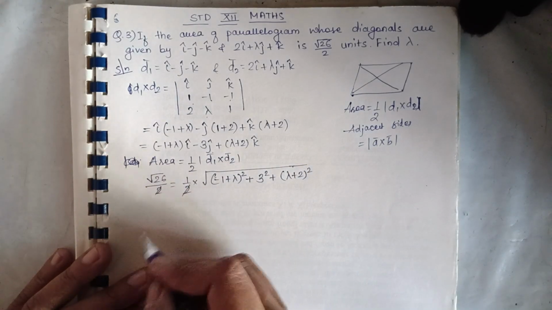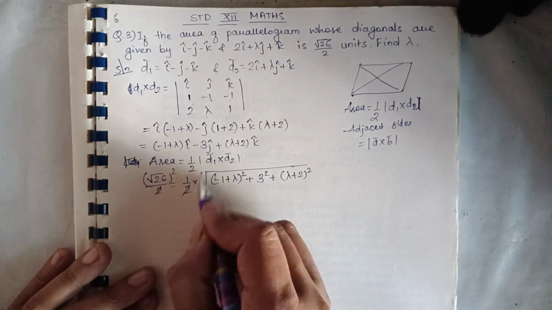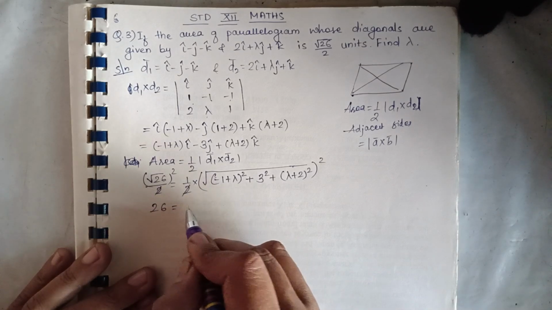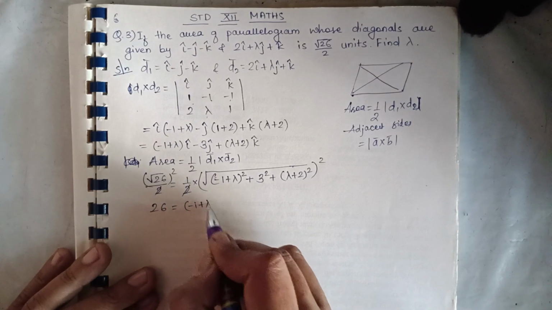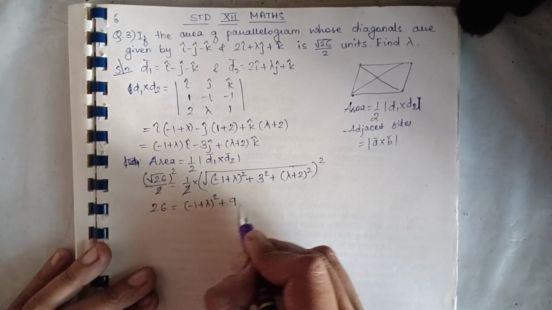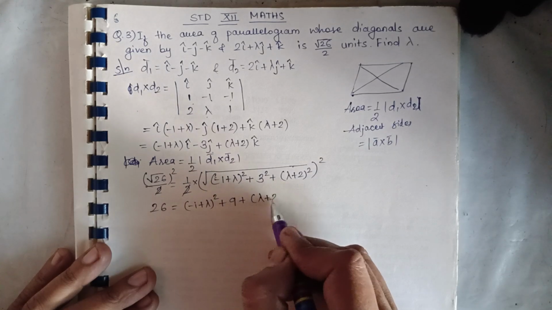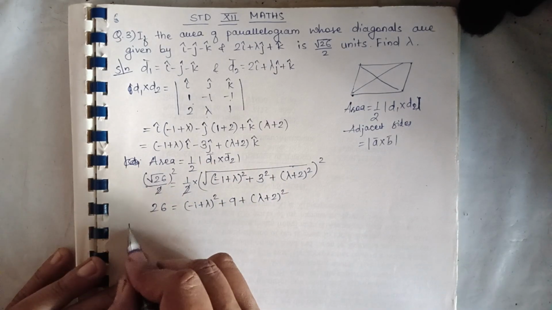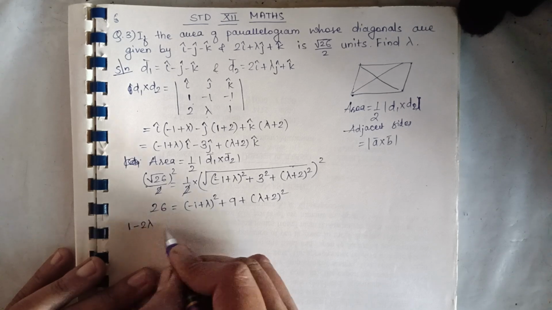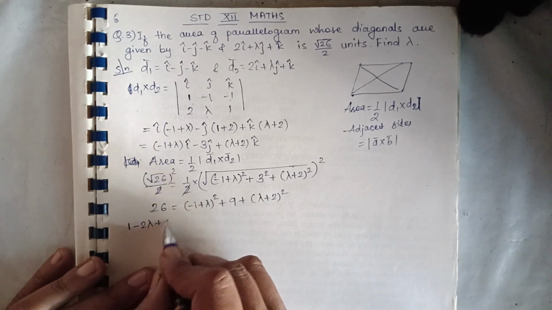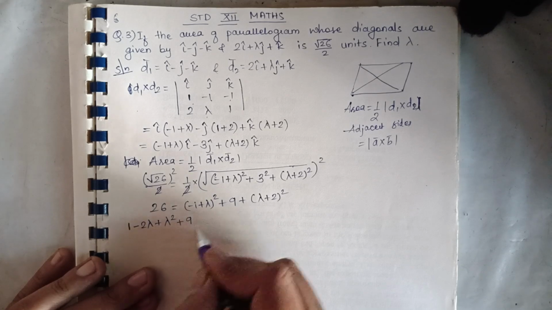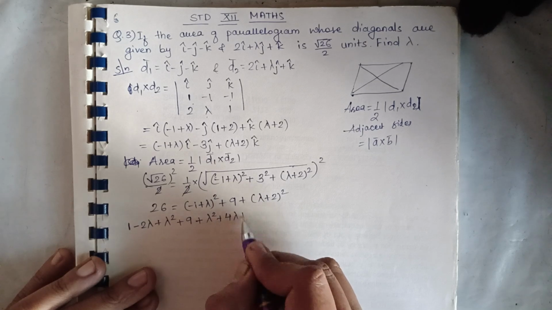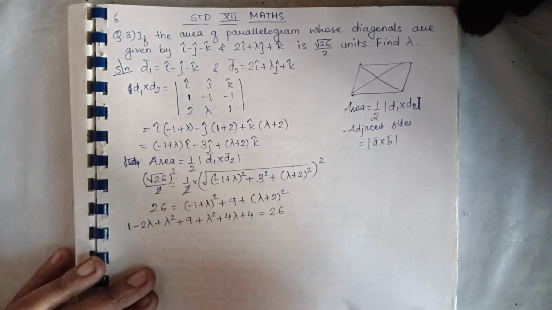Okay. This 2 gets cancelled and we'll square both the sides. So this is 26 equal to minus 1 plus lambda the whole square plus 9 plus lambda plus 2 the whole square. So this term I'll write this side, 1 minus 2 lambda, a plus b the whole square, 4 lambda plus 4 equal to 26.